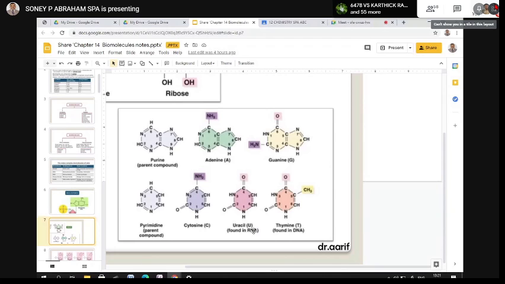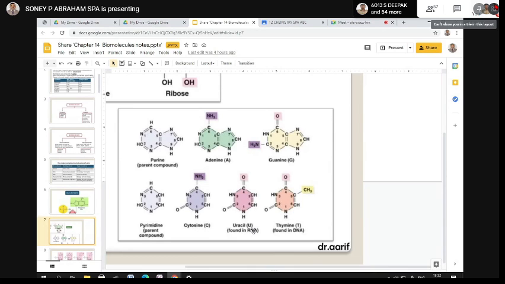In DNA the nitrogen bases will be adenine, guanine, cytosine, and thymine, and in RNA adenine, guanine, cytosine, and uracil. Just learn the names, no need of learning the structure. That means instead of thymine, you will have uracil in RNA. So that is the second difference between DNA and RNA.